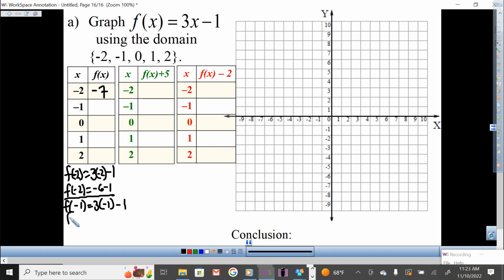So f of -1 equals, what is 3 times -1? That's -3 minus 1, that's -4. And I said we need to show the work for at least 3, and then from there go with the rest, yes? So f of 0 equals 3 times 0 minus 1. So what is 3 times 0, guys? 0. What is 0 minus 1? -1. And now hopefully you see the pattern, yes?